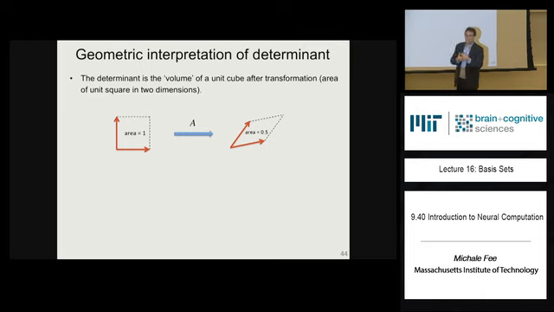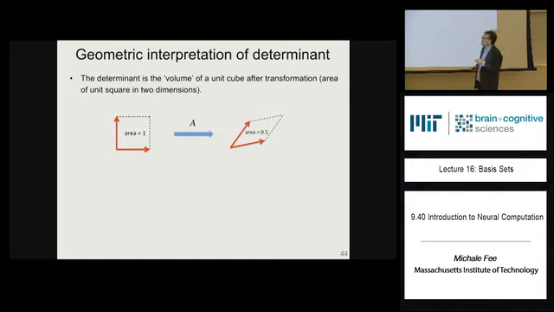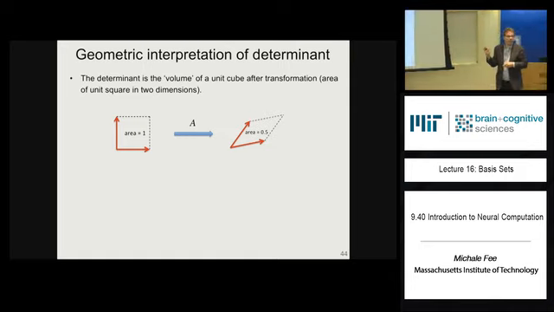Or in 3 dimensions, if I have 3 orthogonal vectors, I can think of those vectors as defining a cube. Okay? And if they're unit vectors, then they define a cube of volume 1. Here you have a square of area 1. Okay? So let's think about this unit volume.